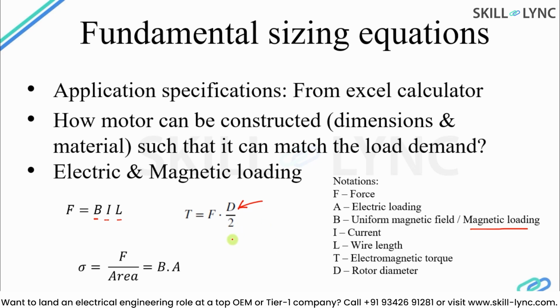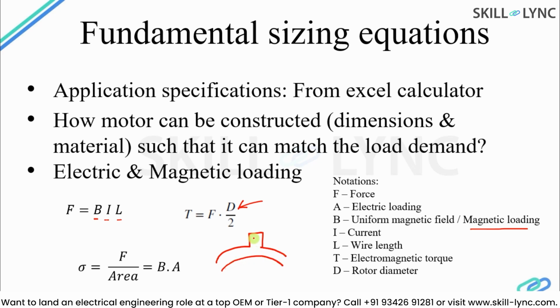So this fundamental equation is a simple equation where you have a stator and a rotor, and the stator and rotor together produce the required force. So let's say you have this as a stator arrangement, and there is one slot over here, and this is the overall rotor.